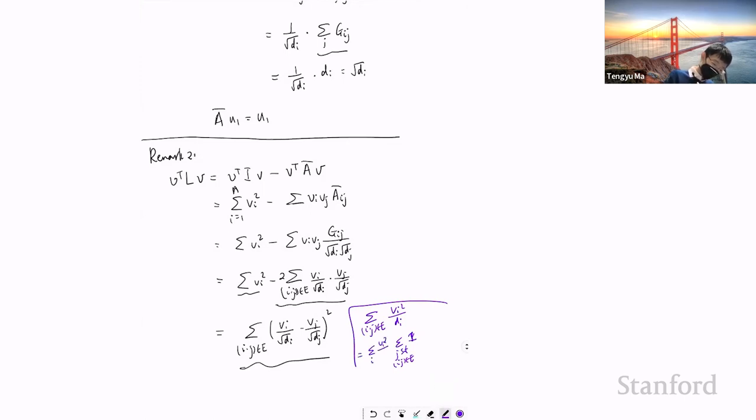So V_i squared over d_i times this. If you sum over i first and j second, or first over j and then over i, how many edges are connected to i?